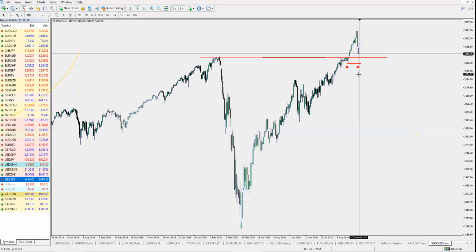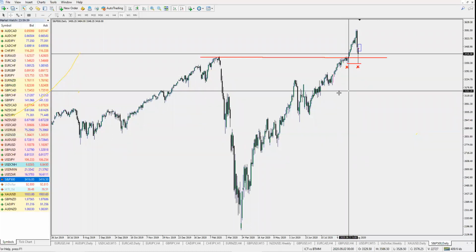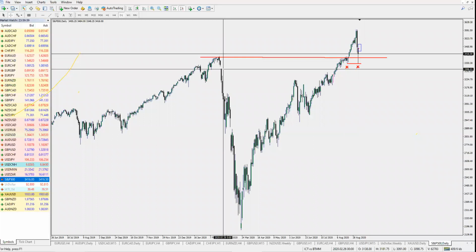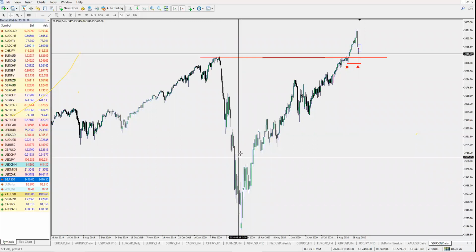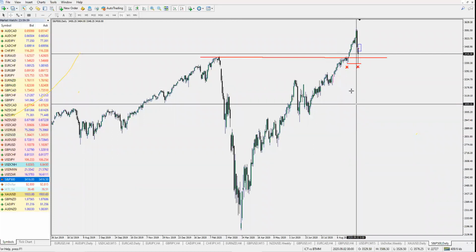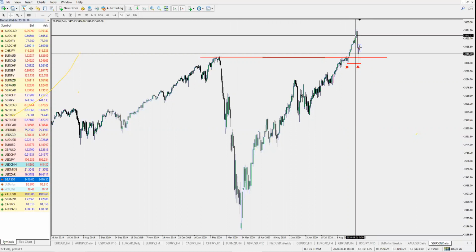I do expect the S&P to go down based on the fact that there's liquidity to be taken, as well as any institutions that were in a sell over here and are now holding that sell, looking for a better price to get out of the market. They would want to see lower prices over here.